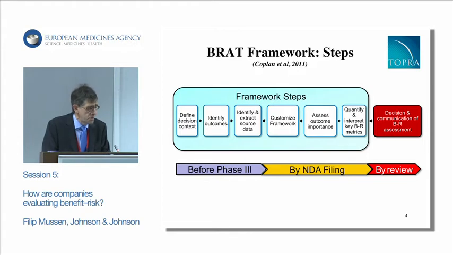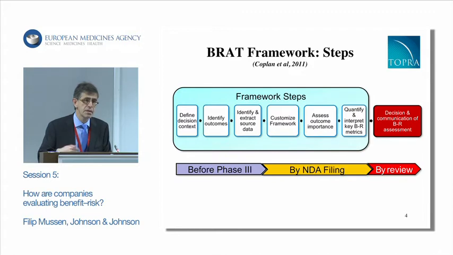Second step is then identifying outcomes. So these are basically your benefit and risk attributes. Really spending a lot of time on those and, for example, putting those in a value tree, which is one of the features that is also used in multi-criteria decision analysis and actually comes from that kind of theory. So really trying to spend time identifying the outcomes and do that prospectively, even before phase 3.